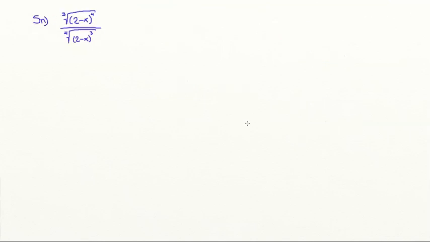5n. Cubed root of 2 minus x to the 4th divided by 4th root of 2 minus x cubed. Again, we have different types of roots, so we have to use fractional exponents. We use multiple brackets.